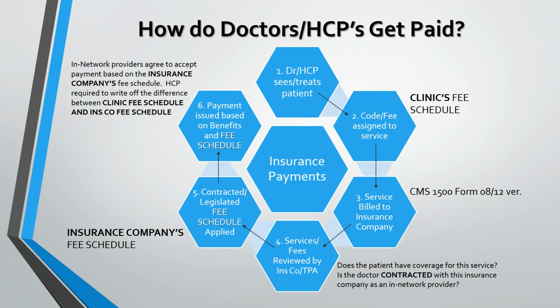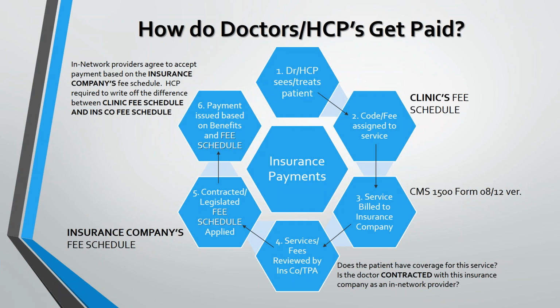Once the service is billed to the insurance company, it's then reviewed by that insurance company or a TPA, which is also another word for a third-party administrator. And later on in this presentation, I'll talk to you about what a third-party administrator is. So the insurance carrier or the TPA will review the services that were billed. They'll take a look at the patient's policy and whether the patient actually has coverage for that particular service code.